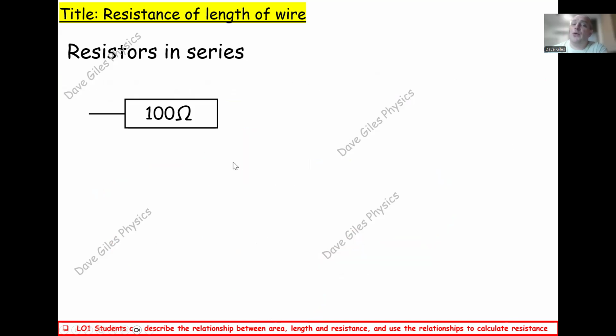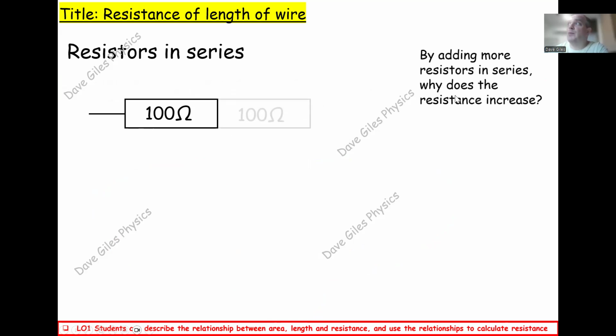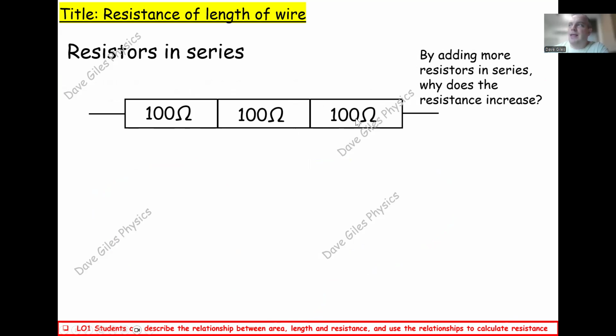So it's effectively like resistors in series and parallel. If I've got 300 ohm resistors, by adding more resistors in series, the electrons effectively have a longer path of resistance, so their resistance increases.